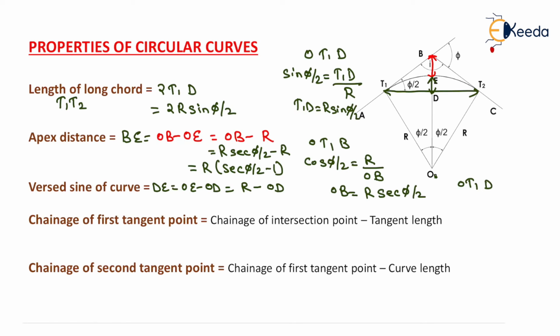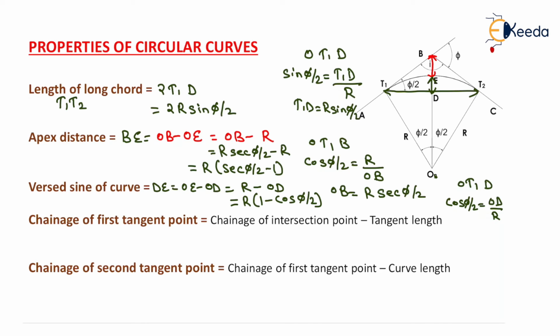Now from the triangle OT1D, cos phi by 2 will be equal to base upon hypotenuse, that is OD upon hypotenuse R. So the value of OD will be equal to R cos phi by 2. On taking R common, we will have R into 1 minus cos phi by 2. That will be the value of versine.